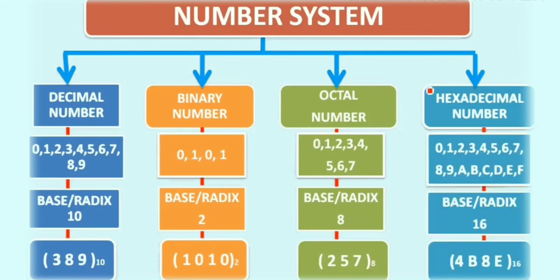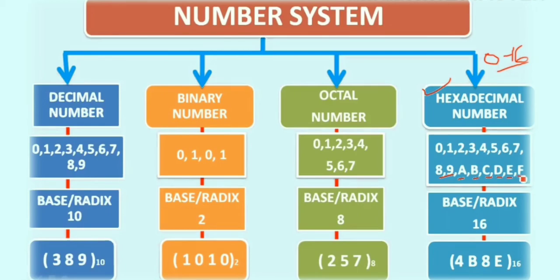Next is the hexadecimal number system. Hexa means 6 and decimal means 10. It means a total of how much? A total of 16 digits: 0 to 9, which is 10, and then A to F, A B C D E F. If you count these 6, you will get 16.